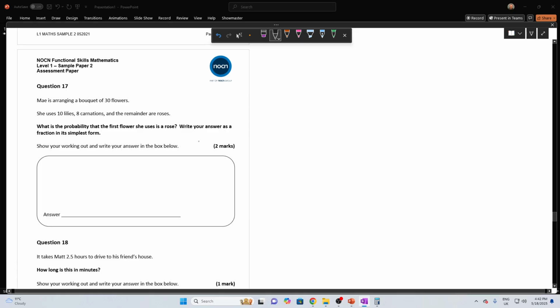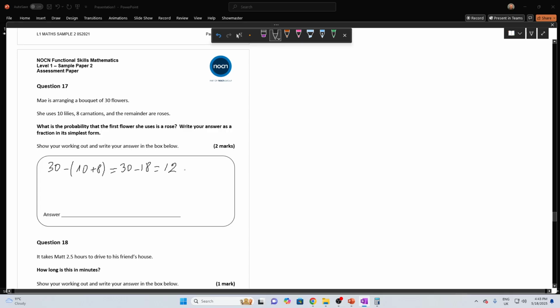So, what do we have? How many flowers do we have? So we have 30, and then we need to find the roses. How are we going to find that? We have 10 lilies and 8 carnations, so it's going to be 30 minus 18, so I'm going to have 12.